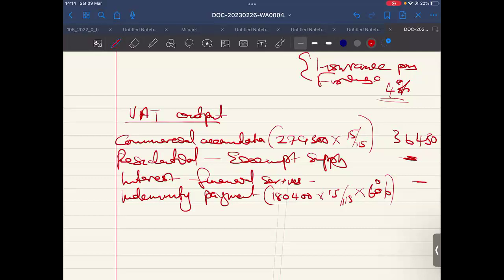So insurance payout which relates to non-taxable supplies will not attract output VAT. Is it clear? Are we together? Yes, sir.